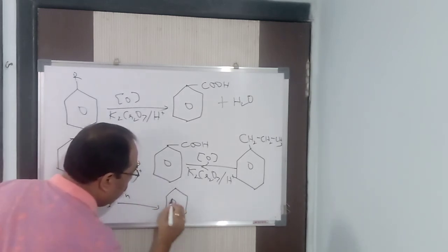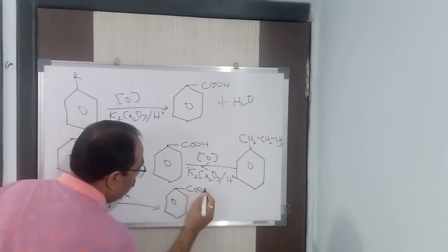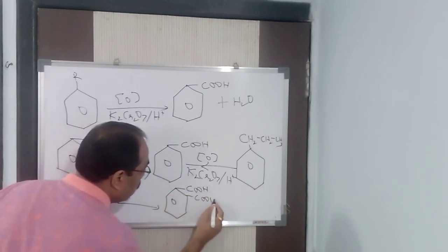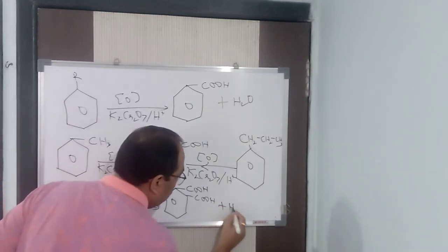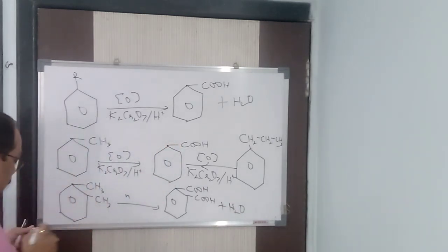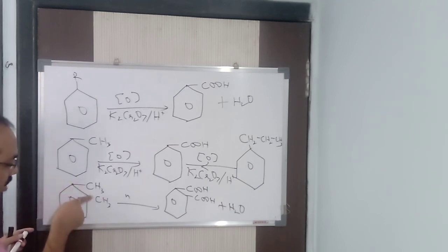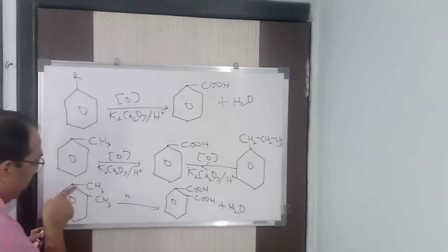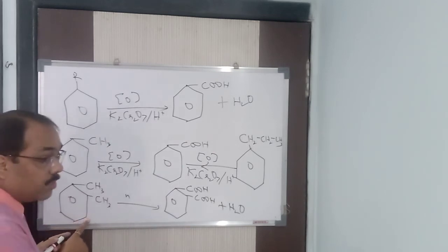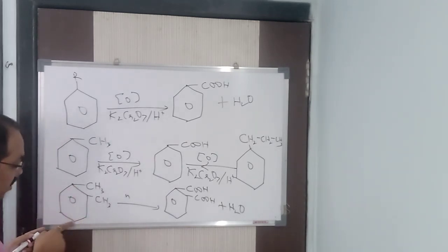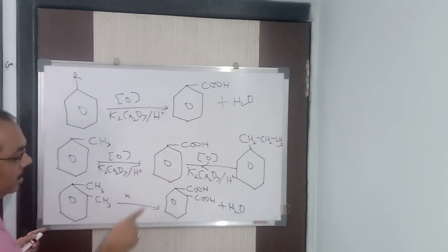I am going to get phthalic acid, that is COOH and COOH, plus water. Suppose the CH3 group is in the third position, first and third, then it is isophthalic acid. If the CH3 groups are in first and fourth, then you will be getting terephthalic acid.